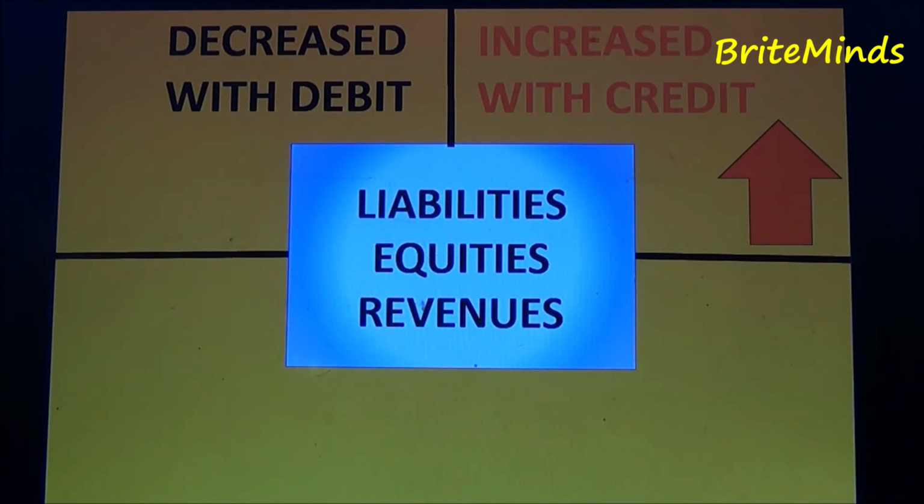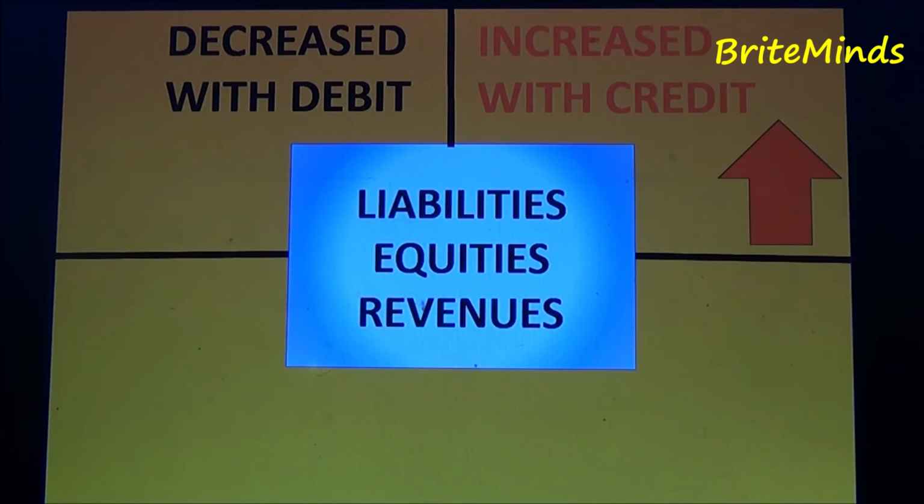So it means there will be a reduction of the liability, since the business entity already paid their account. So it will be recorded as debit.